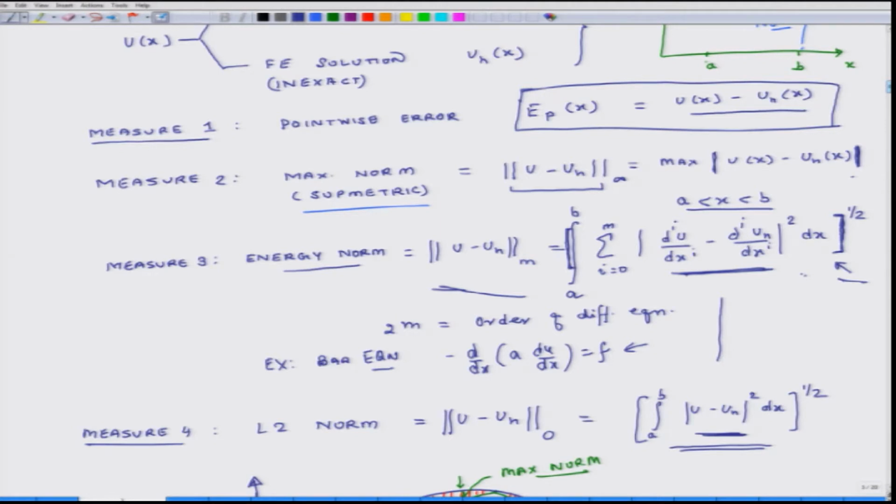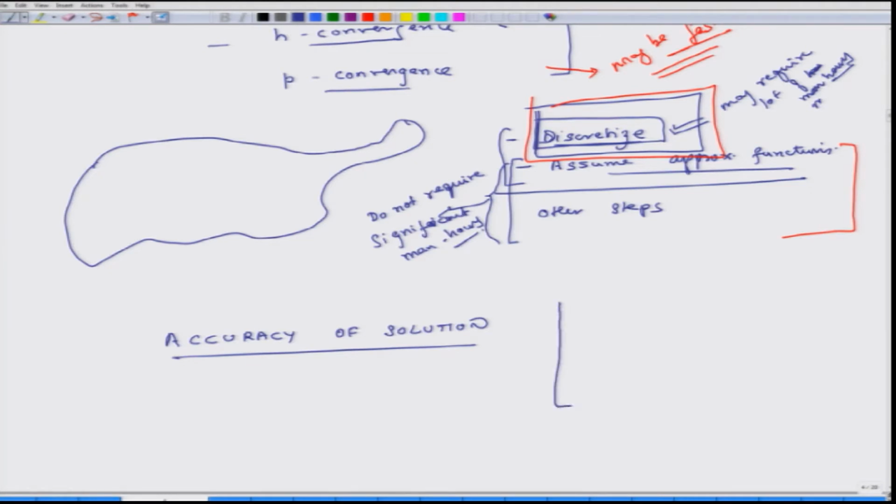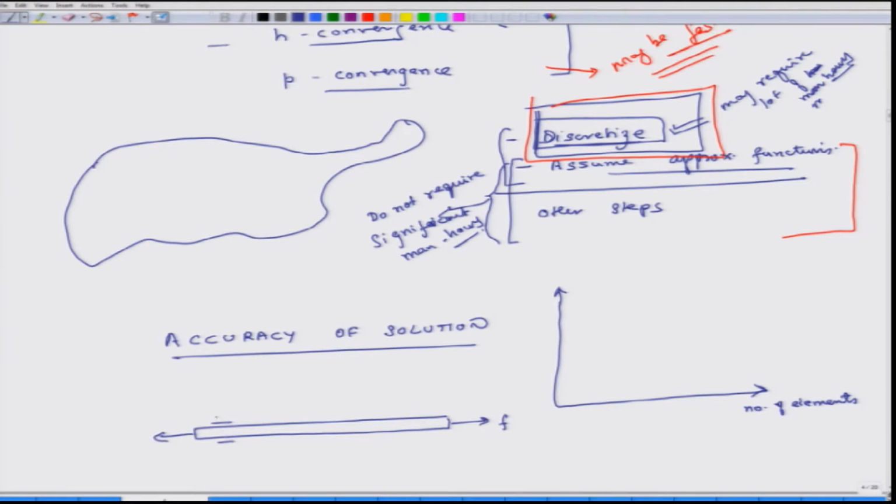But we are also interested in figuring out, when I have a finite element analysis, let us say this is the number of elements, and suppose I have a bar and I am applying some force here, I am also applying some traction here, and I am interested in finding u at this point, at point P.